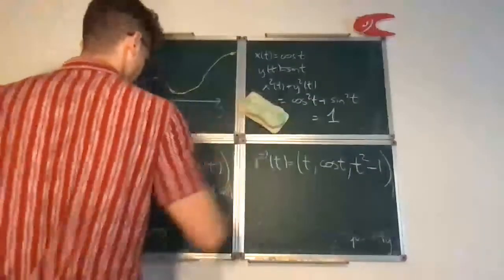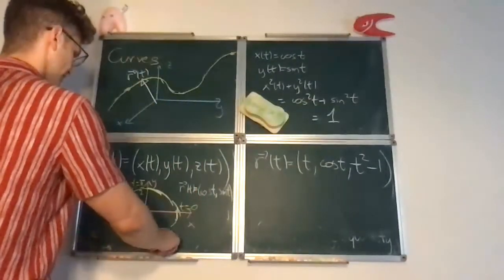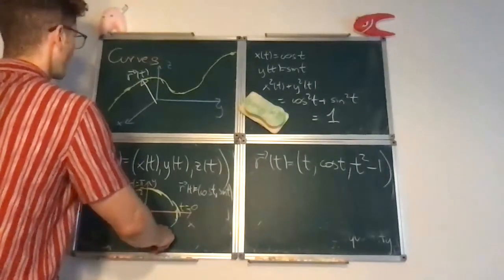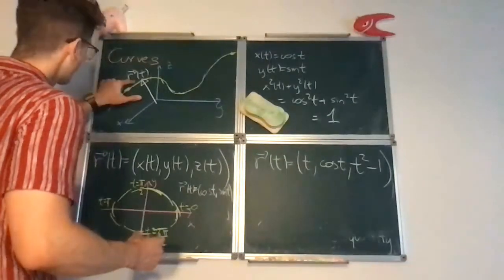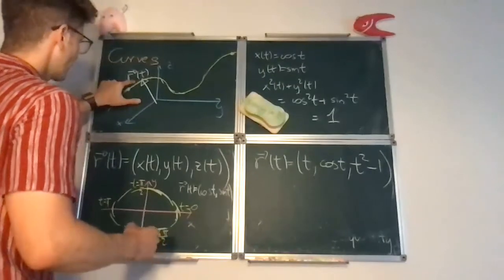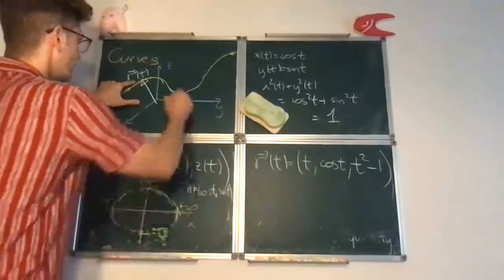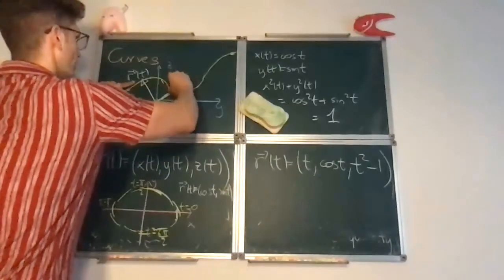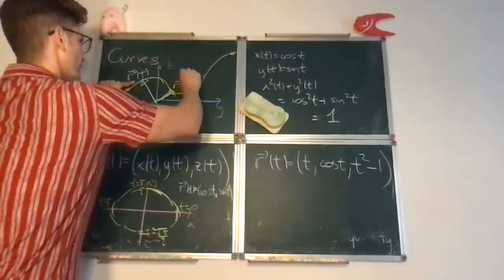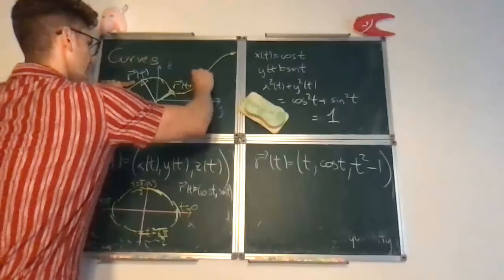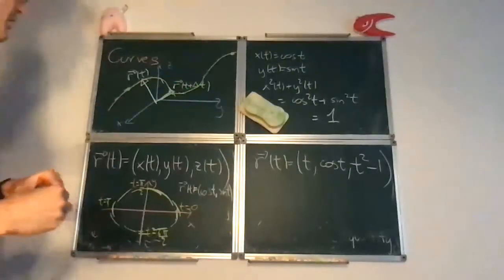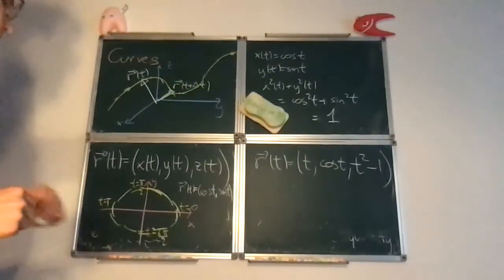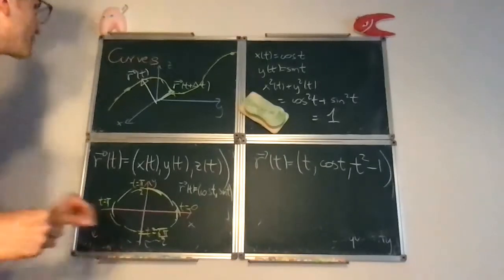Let's use the same picture. So what's the velocity in this case? Well, imagine that you have the particle here, then you move some amount delta t, and now the particle is here, so the time difference is some amount delta t, which we think of as being really, really small.